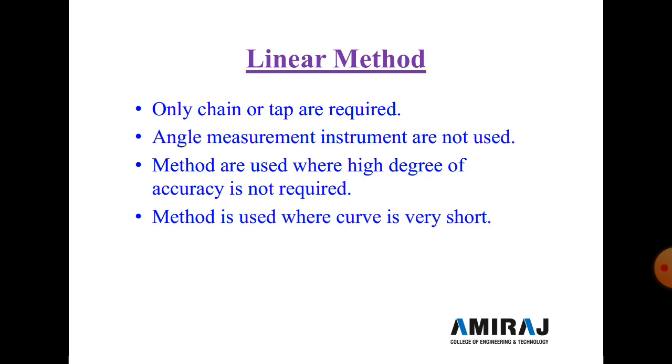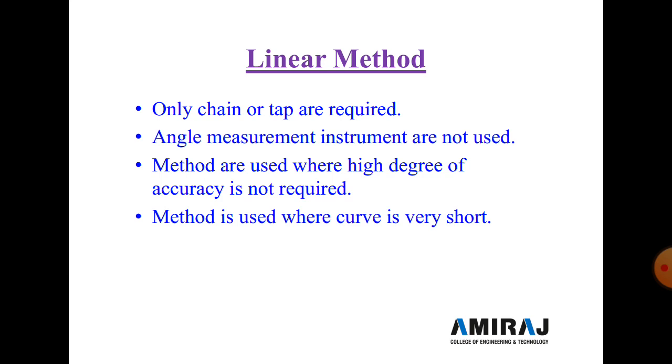Only a chain or tape is required for setting out the curvature, and angle measurement instruments are not used in the linear method. Only a general linear measurement instrument is used for finding the length and for setting out the curve.